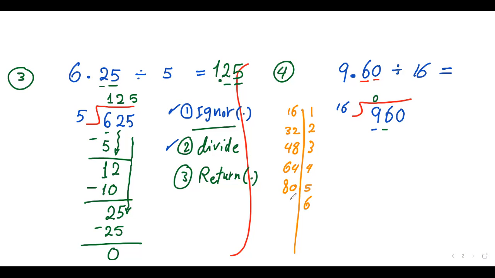And 6 multiplied by 16 is 96. 96 is here.